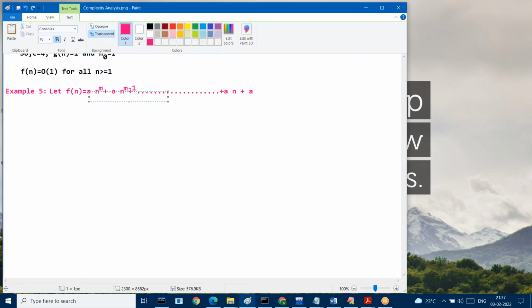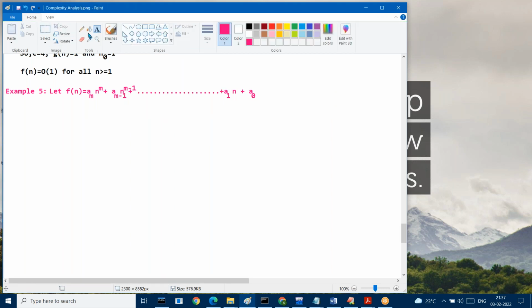Next, the suffixes: am, am minus 1, down to a1, a0. This is a function of n.